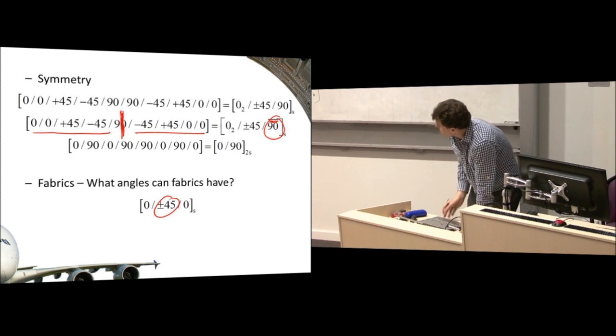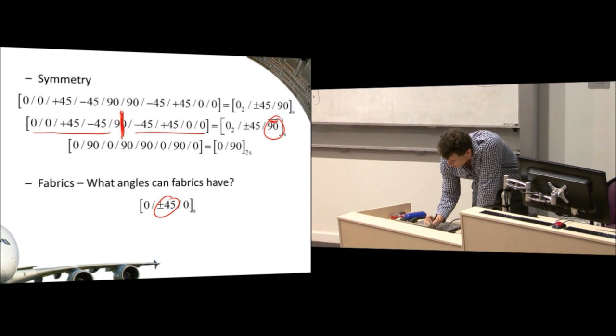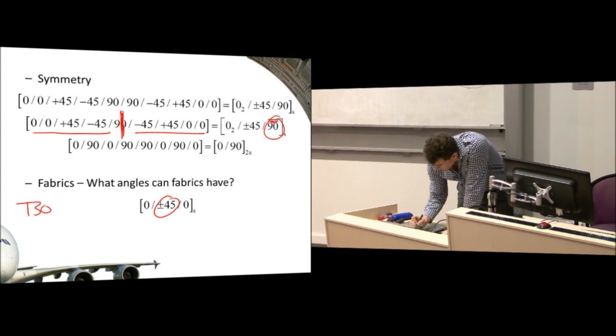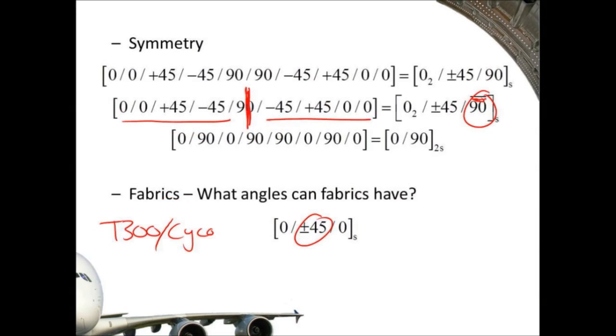And these on their own don't mean anything. You'll often see T300, SciComm 970, plain weave, and then a laminate code. So you have all that you need to interpret how the material is made. So T300 tells you it's a T300 fibre.